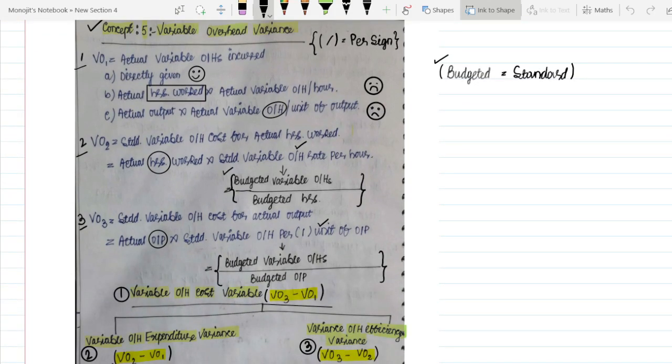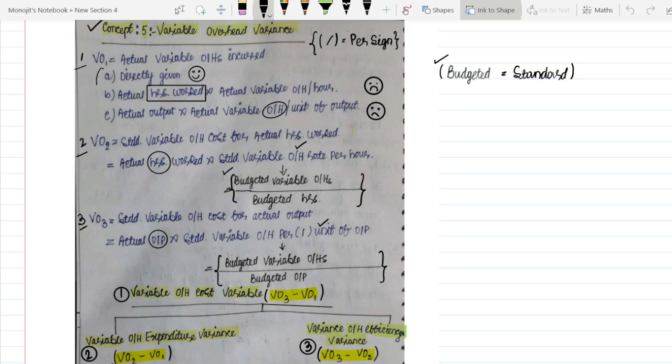Variable overhead variance has three components: VO1, VO2, and VO3. In VO1, actual variable overhead incurred, three types of questions will be asked.